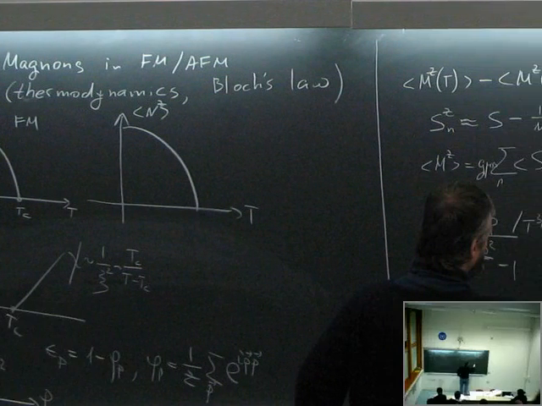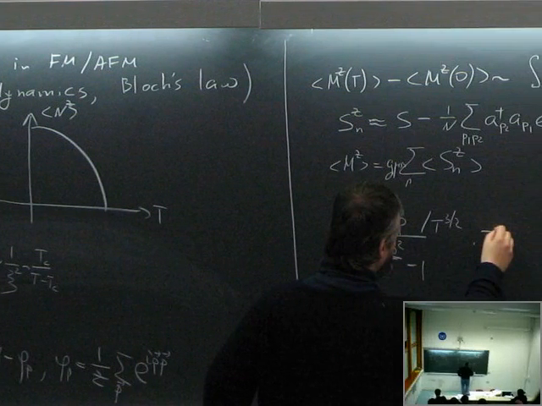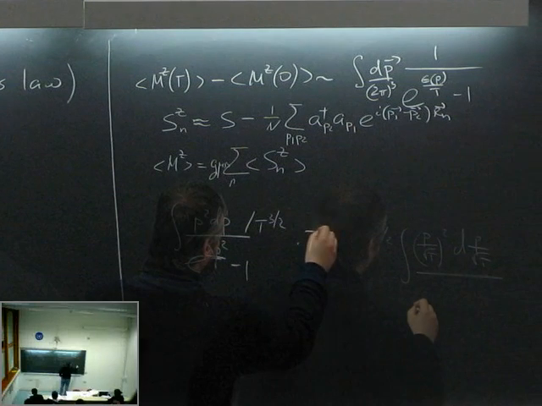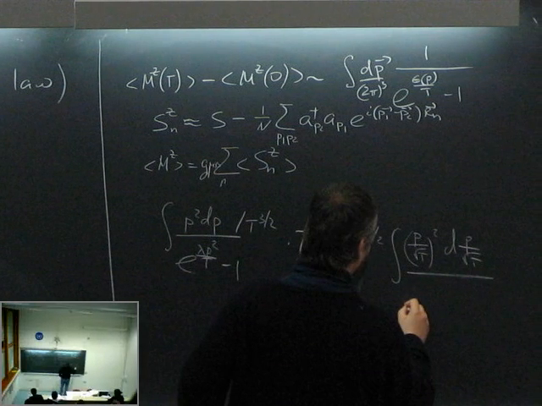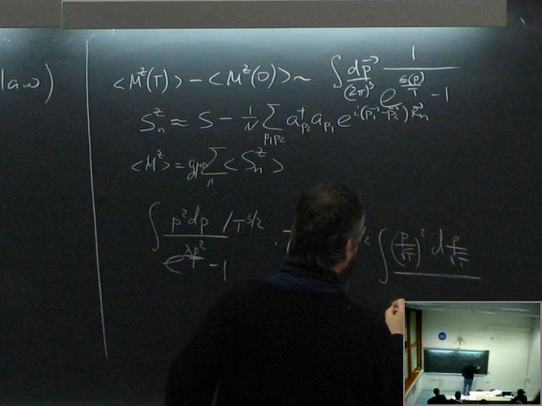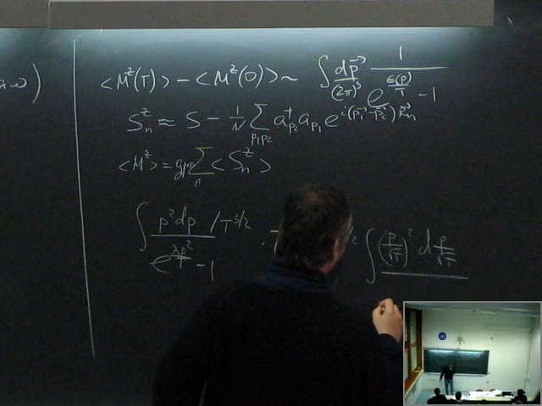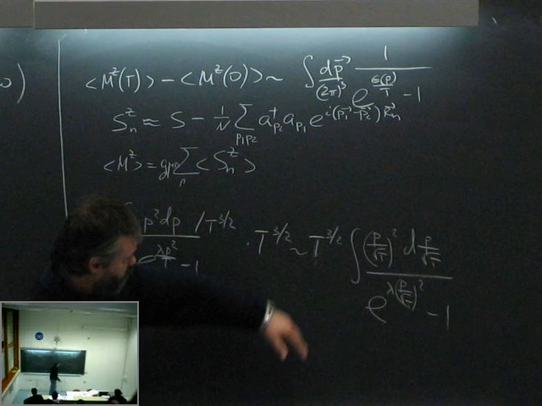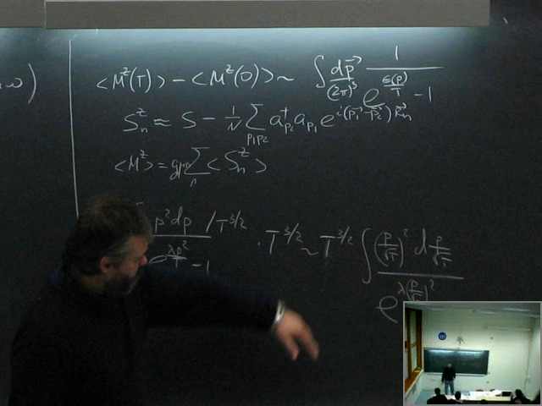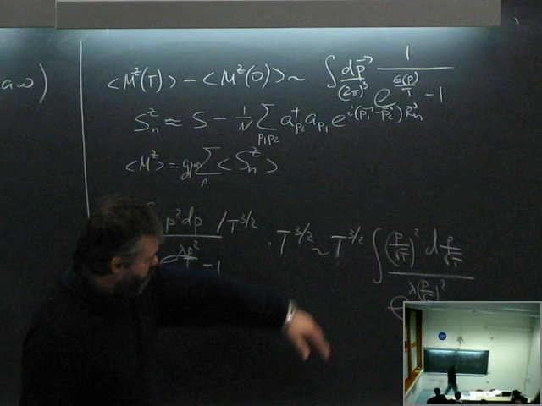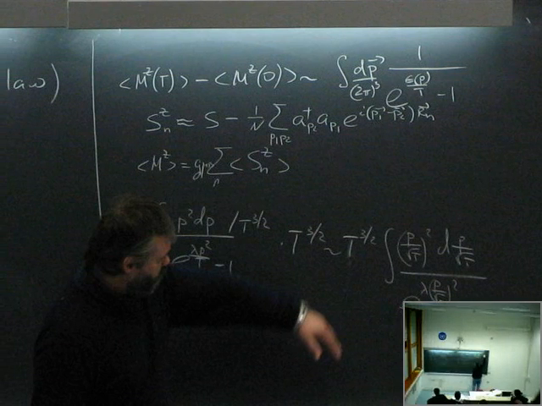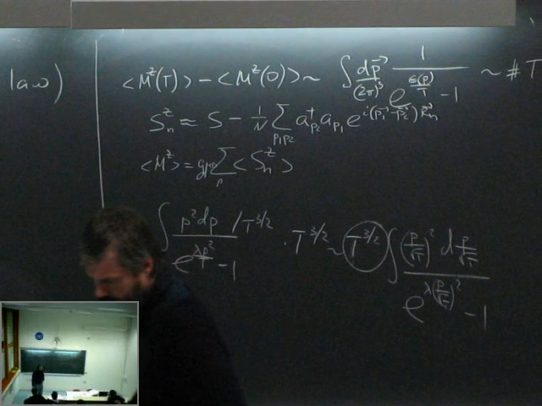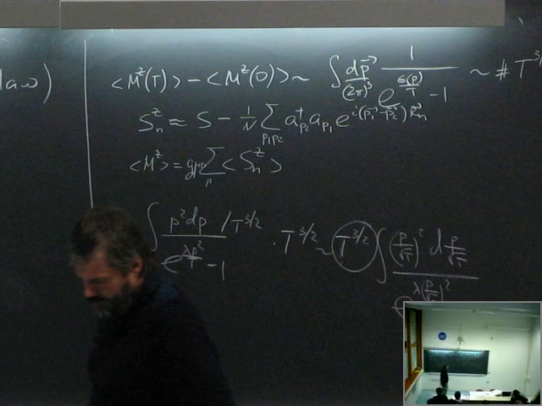Then I have the integral of dp over square root of temperature, over e to the power lambda (p over square root of temperature) squared minus 1. So this is how I introduce new dimensionless variables. What remains is this prefactor, which tells me that the behavior of magnetization is proportional to temperature to the power of 3/2. So this is known as Bloch law.